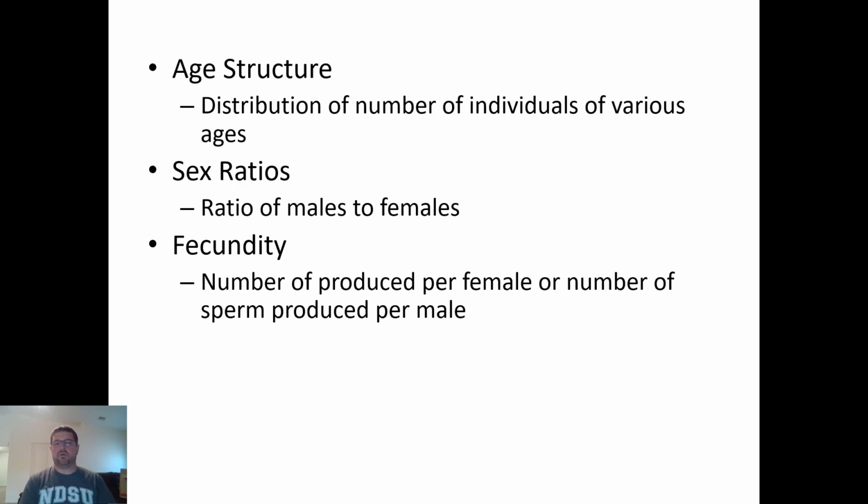Maybe it's not high enough quality. So it really doesn't matter if the female could produce 5,000, 10,000, 100,000 eggs. Only 10% are going to hatch. Okay, but that's part of the fecundity that plays a role in that population dynamics.